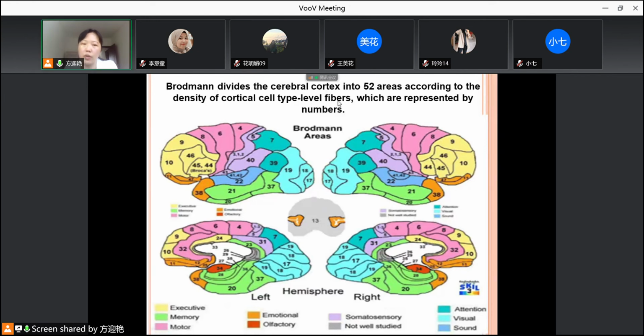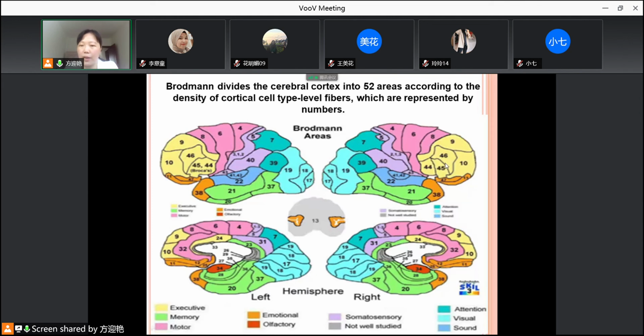According to the cell type and nerve fiber, meaning that the cortical cell type or nerve fibers are different, he classified the cerebral cortex into 52 areas, which are represented by numbers.